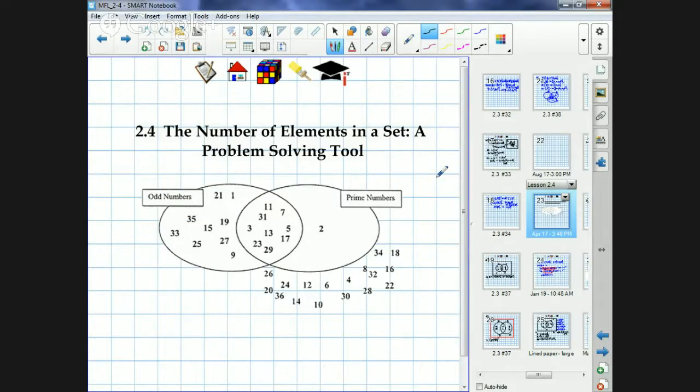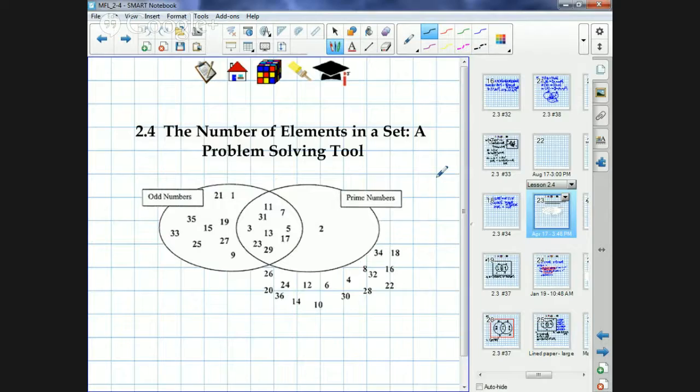It's the intersection. Yes, and you could say that those are the only numbers that are both odd and prime at the same time.